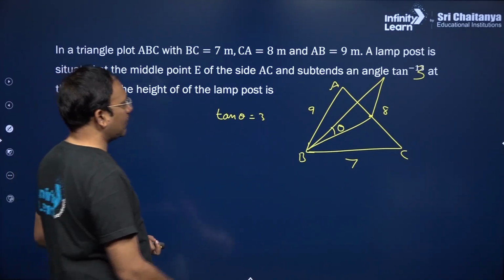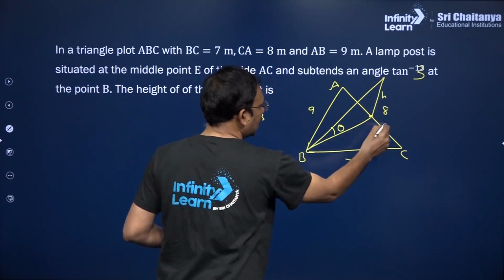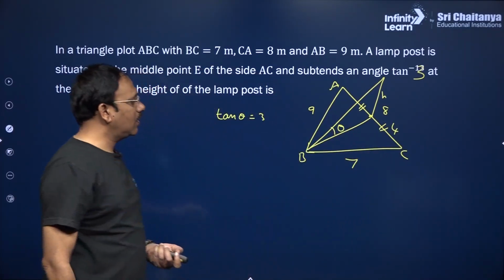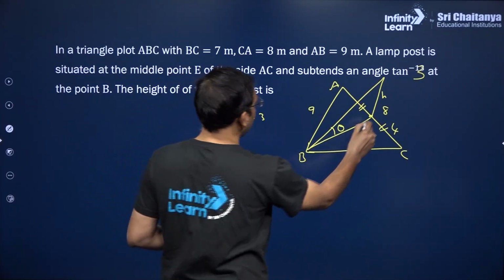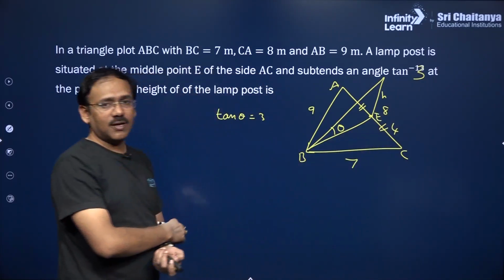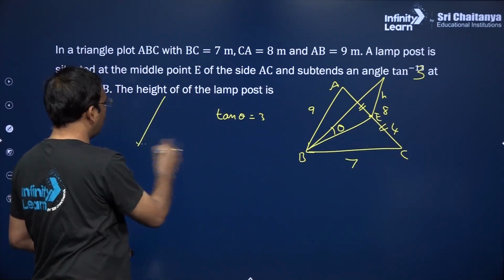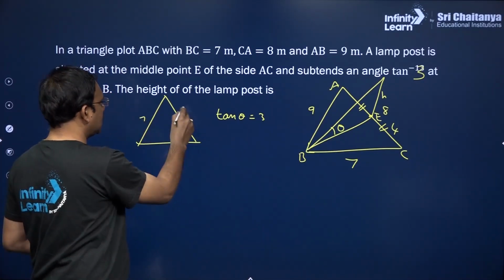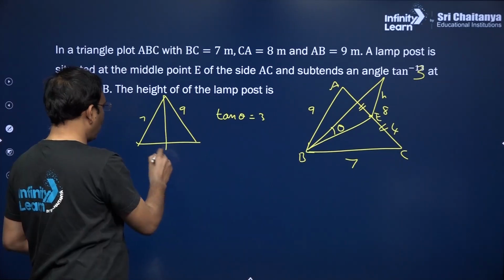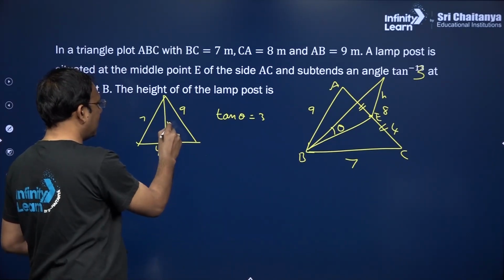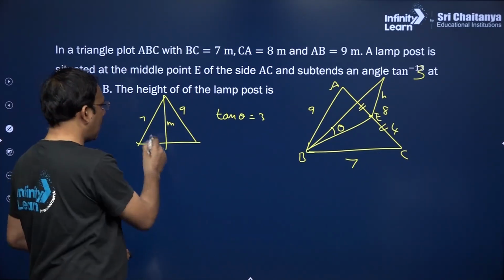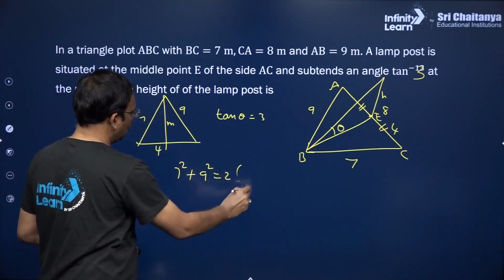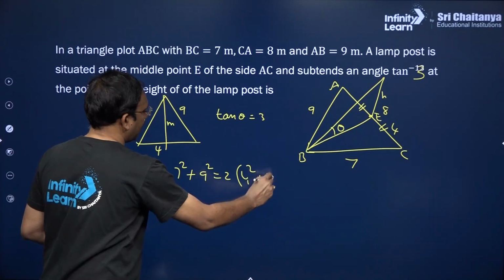Now the height of the lamp post, fine. One thing is, since it is midpoint, this is 4, this B, we can say this is going to be E. BE is the median, my dear friends. In a triangle, how will you find median? Apollonius theorem. This is 7, this is 9, this is 4, my dear friends. Apollonius theorem: 7 square plus 9 square is 2 into 4 square plus M square.